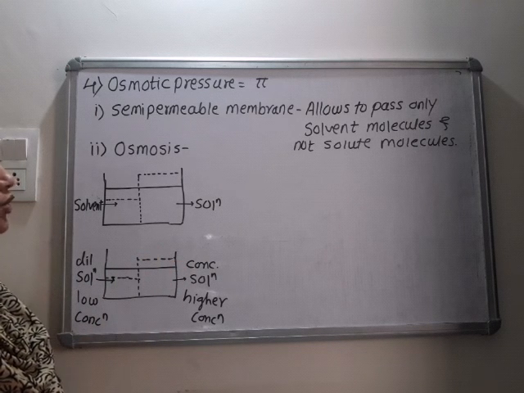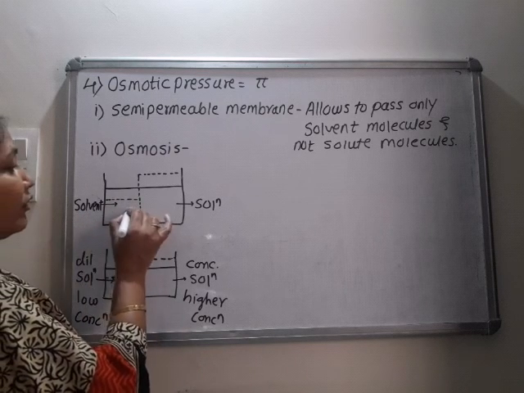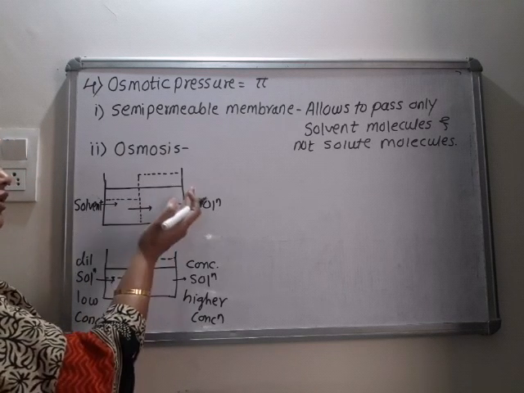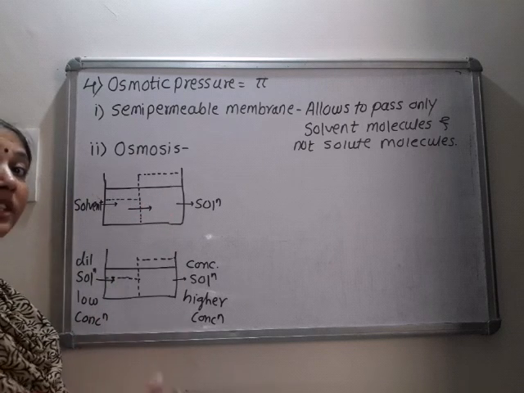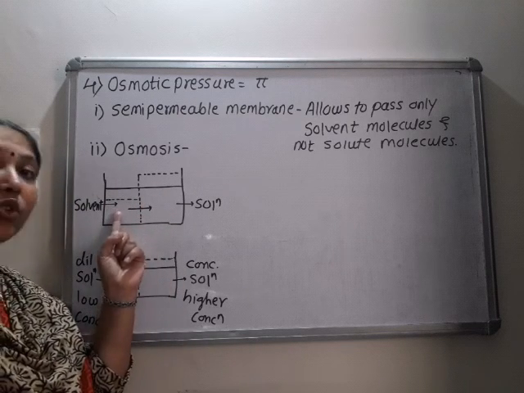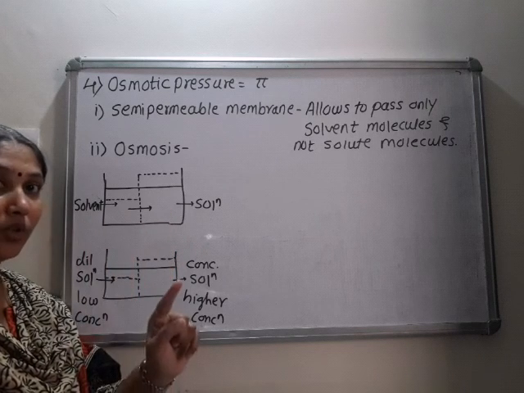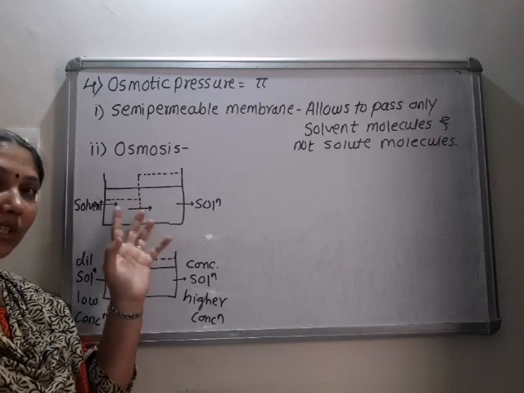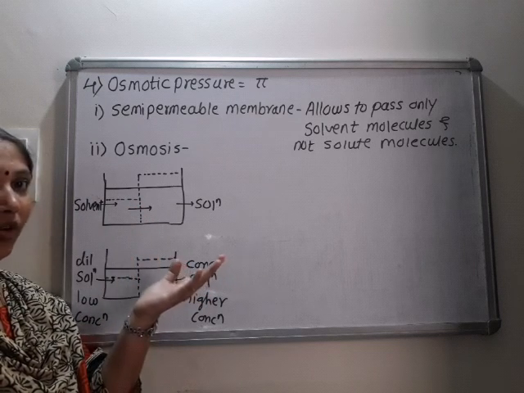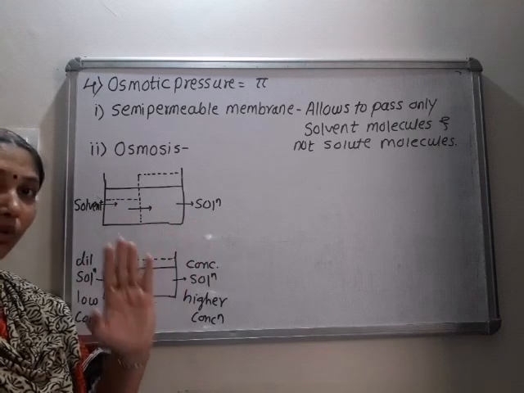Getting my point? As time passes, solvent flows. Actually, solvent can flow from solution into this, even from this into this. But what is the net flow? Here it is only solvent molecules, and this compartment contains solvent plus solute. But the net flow, if we observe, is from solvent into solution.